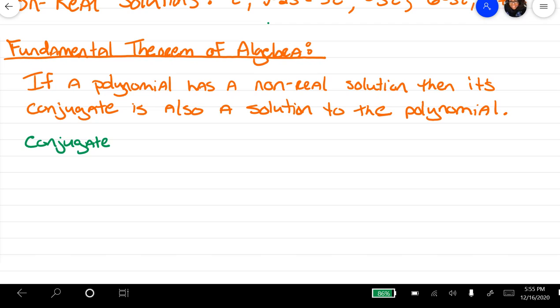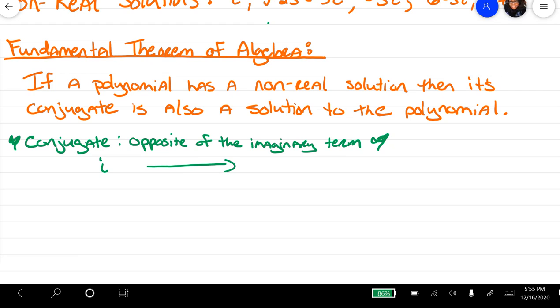So first of all, the conjugate is the opposite of the imaginary term. In case you forgot, let me just give you a quick reminder of what that is. Let me leave myself a little bit more space here.